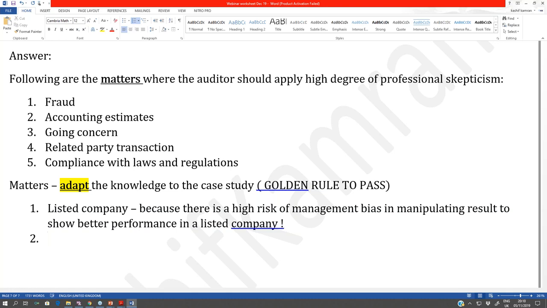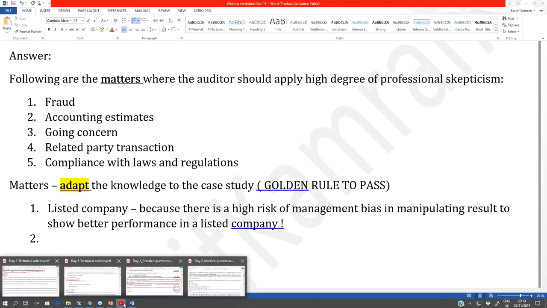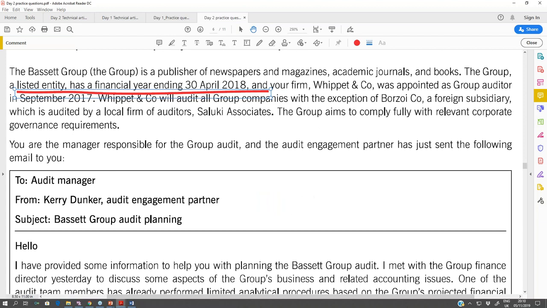Okay, let's read the case further. It has a financial year end 30th of April, and your firm, Whippet and Company, was appointed as the group auditor in September 2017. When was your firm, Whippet, appointed as the group auditor? In September 2017.